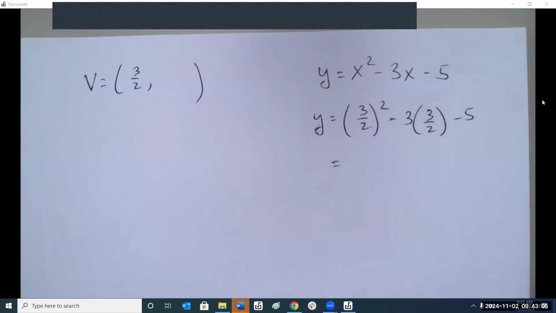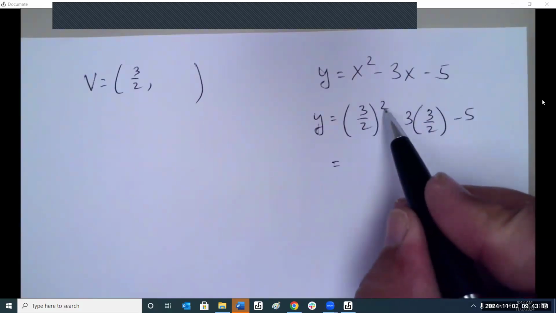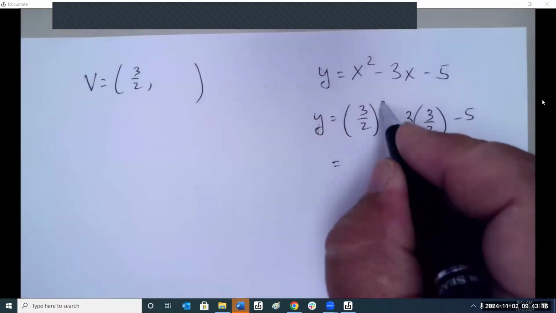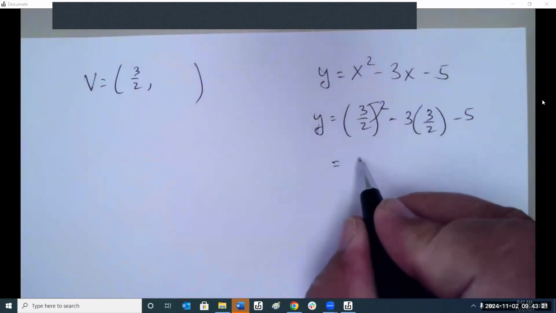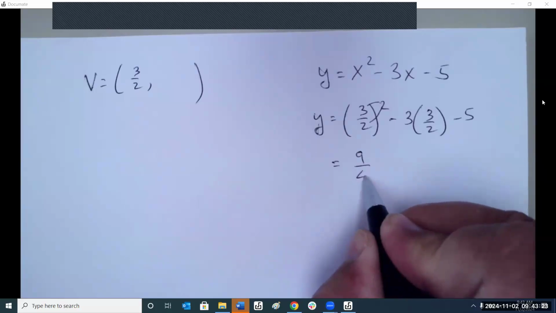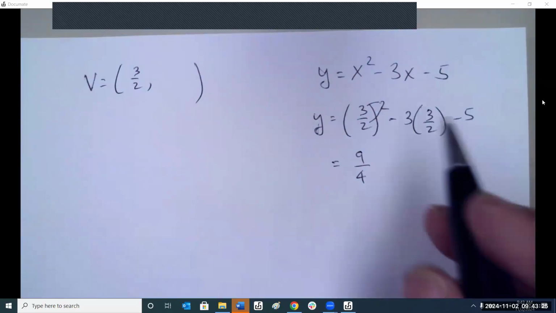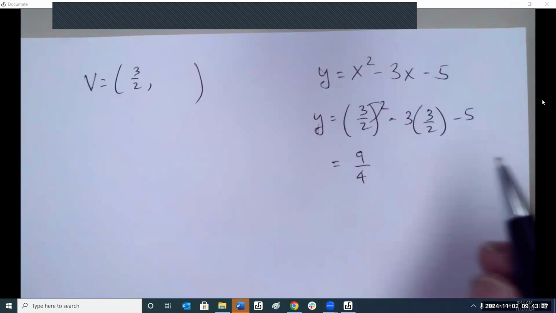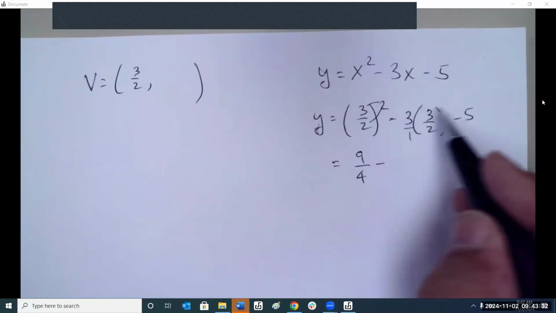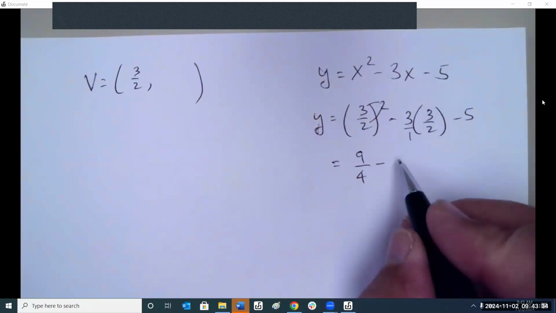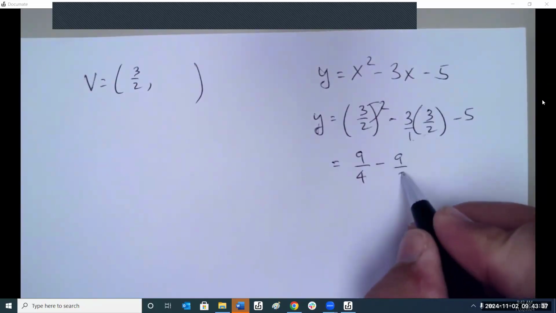Three over 2 squared becomes what? Basically it means just square both top and bottom. 3 squared over 2 squared. Nothing cancels. So we have 3 times 3 is 9. 1 times 2 is 2.